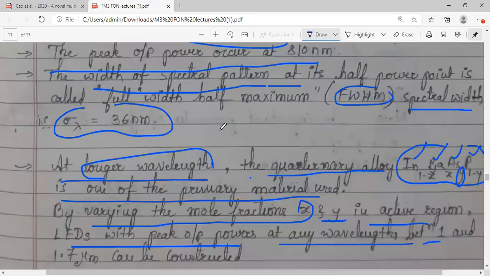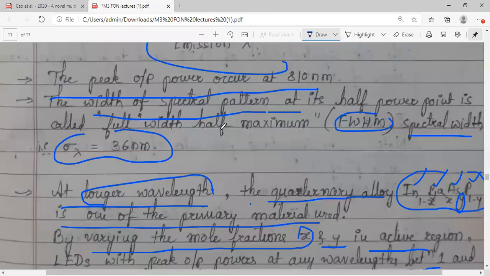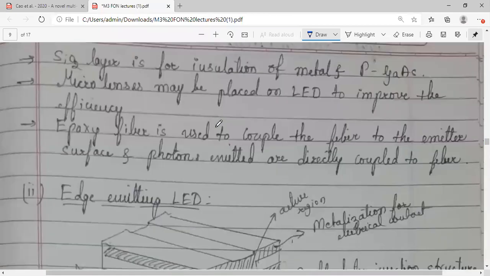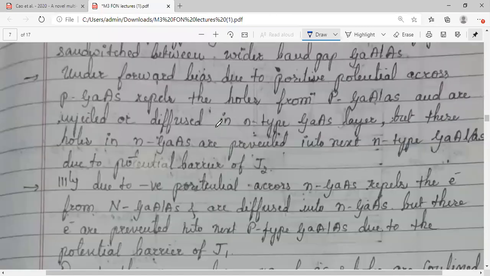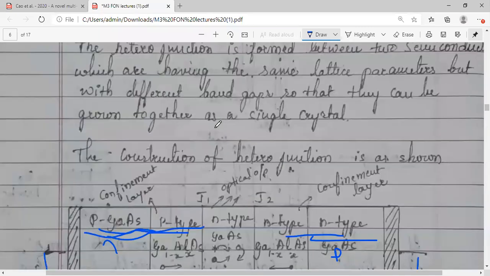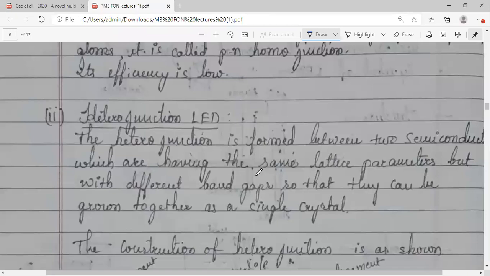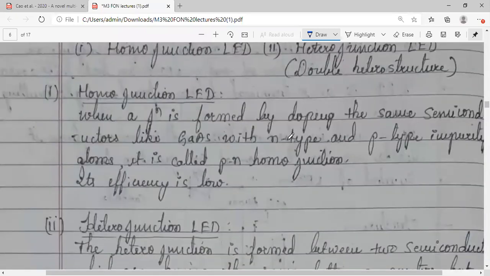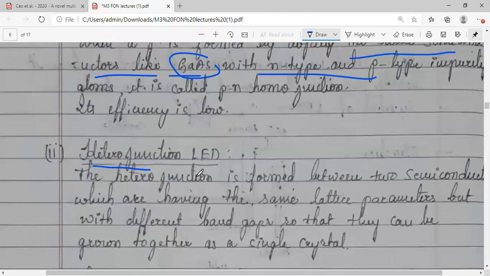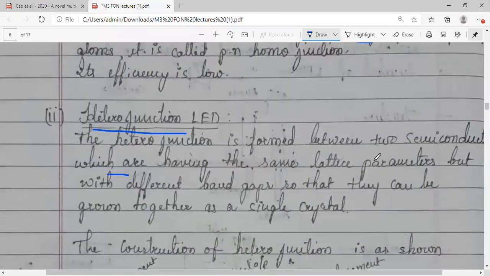As I told you in the earlier session, what do you mean by a heterostructure? Let us go back to that slide and show you. What do you mean by a heterostructure? In the homojunction LED, we use the same material. Okay, one gallium arsenide will be there, and you do different doping. That is your homojunction LED. If you come to the heterojunction, whatever semiconductors you use, you will be using two semiconductors having the same lattice parameter.